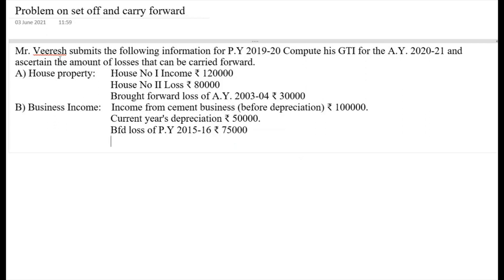Then unabsorbed depreciation of 2014-15 year, rupees 50,000.